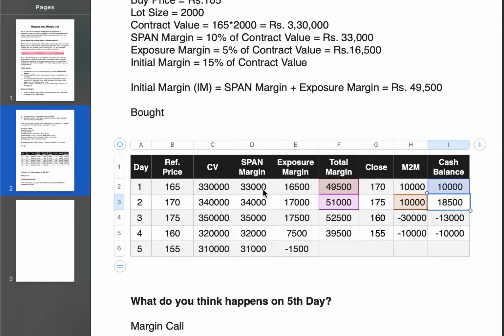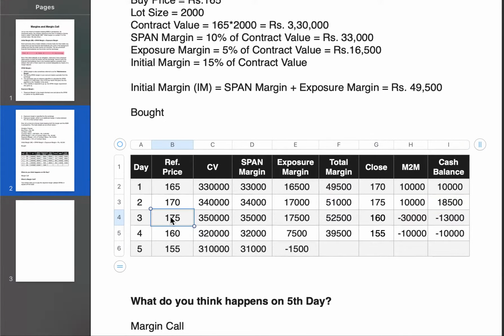Since I paid an additional 1500 rupees, I'll get 8,500 rupees from the last MTM and 10,000 rupees from day two's MTM. So I've got 18,500 rupees cash with me.